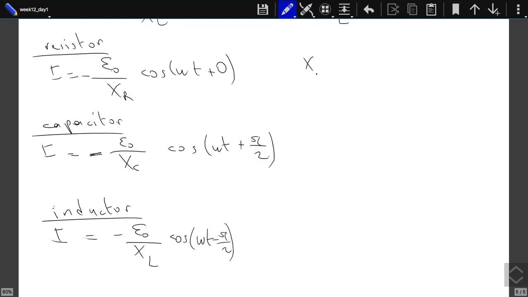XR is just the resistance. XC is 1 over omega C. XL is omega L. So at the maximum, they just look similar if you identify the corresponding impedance, resistive, capacitive, or inductive impedance. The phases are different.